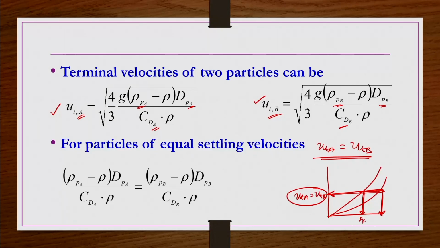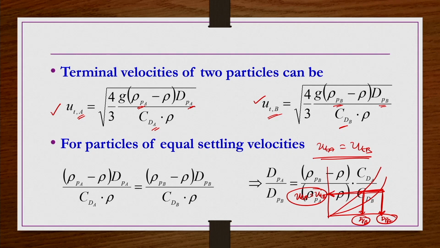So, this is dPB, dPA, because A are the heavier particles. So, they will have the largest settling velocity for their largest size particles. Then from here what we can get is dPA by dPB.